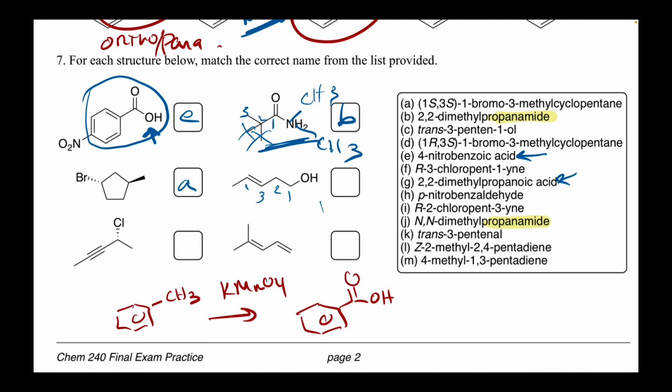1, 2, 3, 4, 5 carbon chain. So it's a pentenol. Alcohol would be the functional group. 1, 2, 3. So it starts on the 3 to 4, and it is which stereochemistry of the double bond?